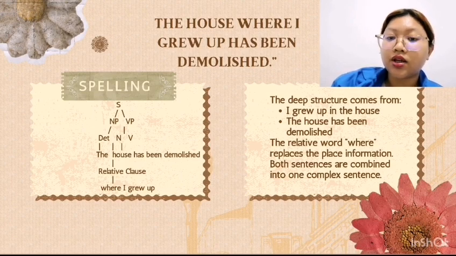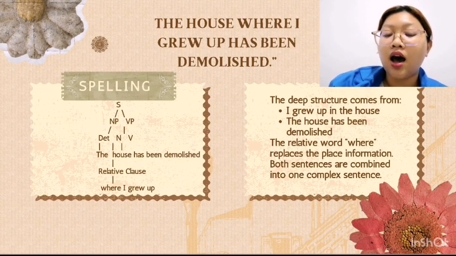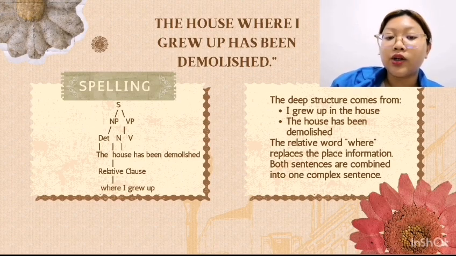The deep structure comes from I grew up in the house, and the house has been demolished. The relative word where replaces the place information. Both sentences are combined into one complex sentence.